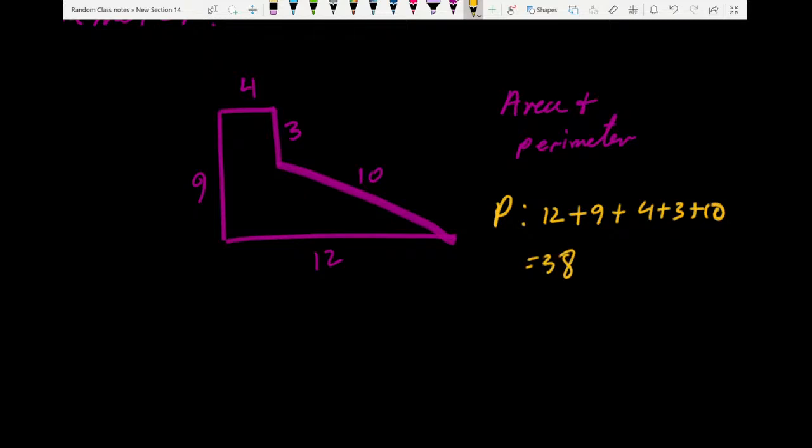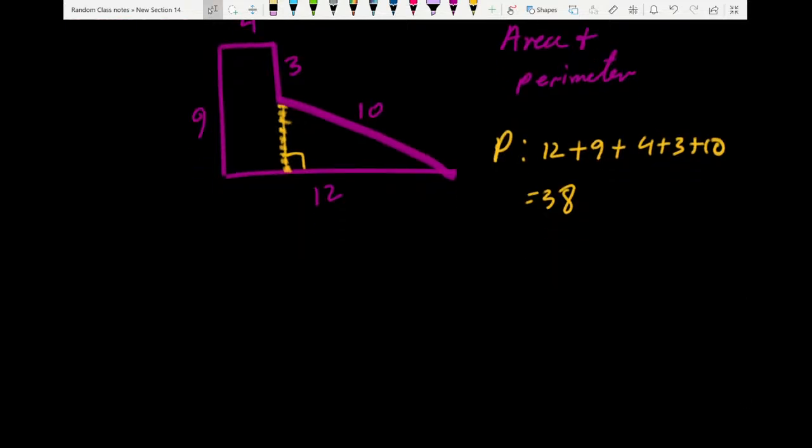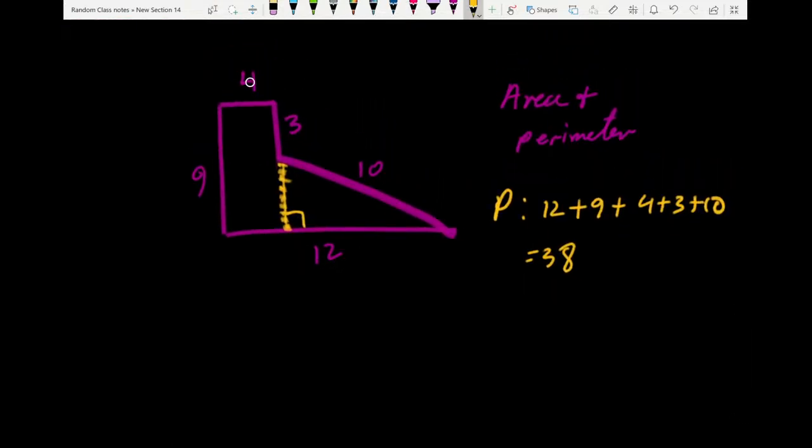Now, the hard part would be finding the area, and we need to cut it down into shapes that we can recognize. So if I cut it down like that, now you have a triangle and a rectangle. For the rectangle, these are your two sides right over here, because you know this is going to be 4, and this missing side, subtract that 12 from that, you'll get 8.